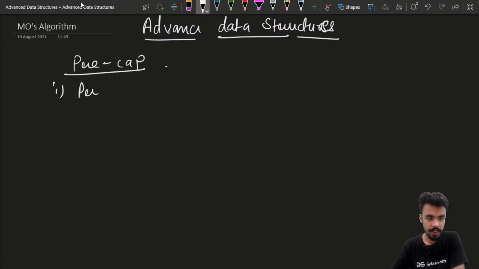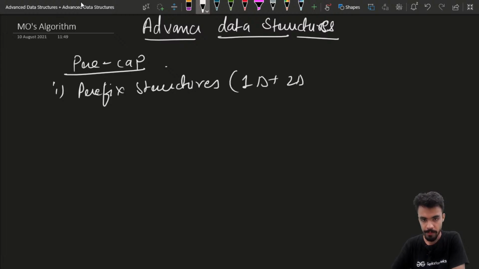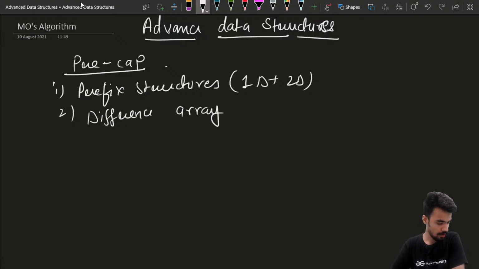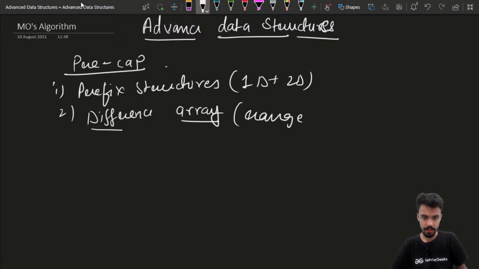We have discussed the prefix structure, both 1D plus 2D. We have discussed the difference array for updates, that is, for range updates.